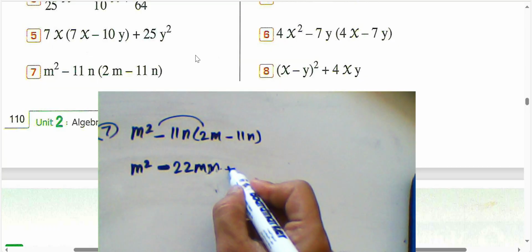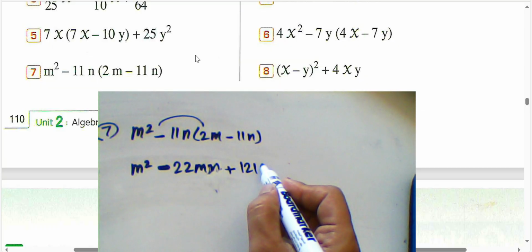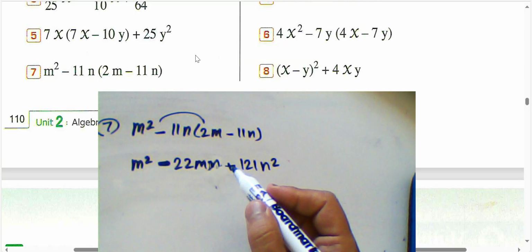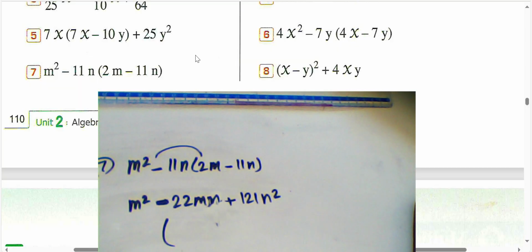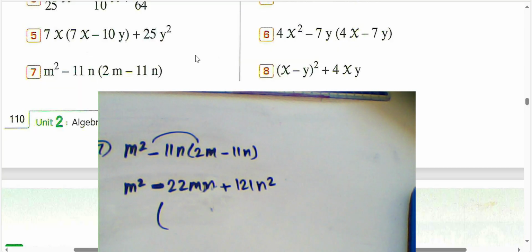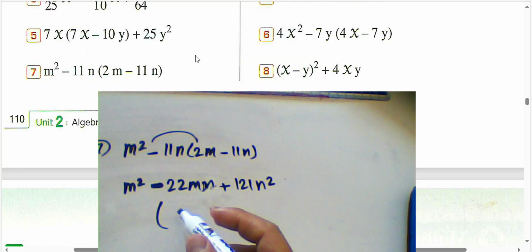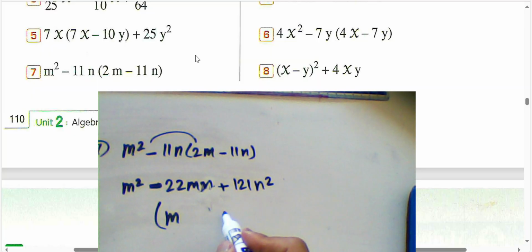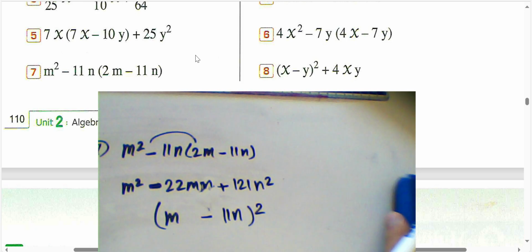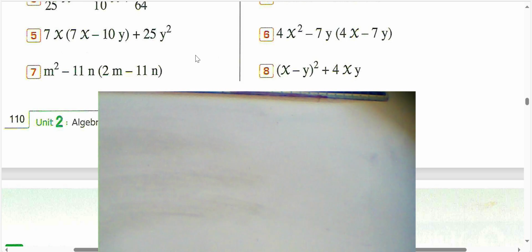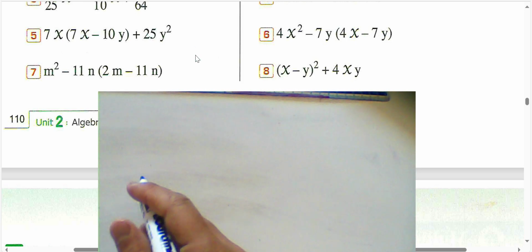Negative times negative is positive. 11 times 11 is 121, n times n is n^2. And then we can write this number in the simplest form. Now we have a perfect square. Square root of the first and the third and the sign of the middle, and then power 2 up. Question number 8.